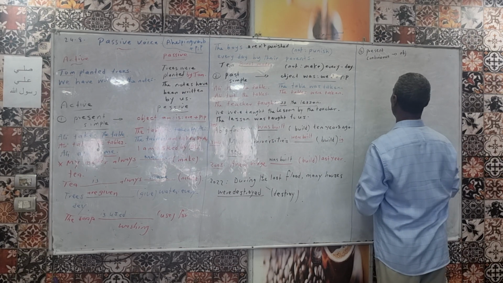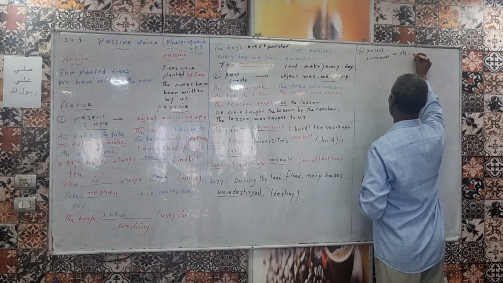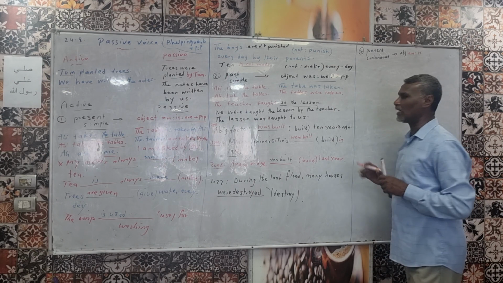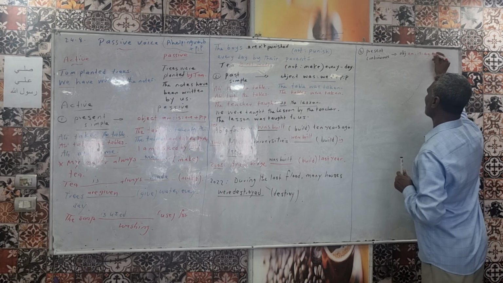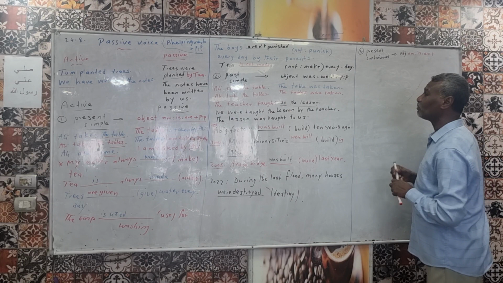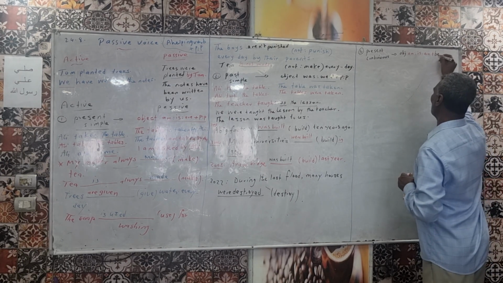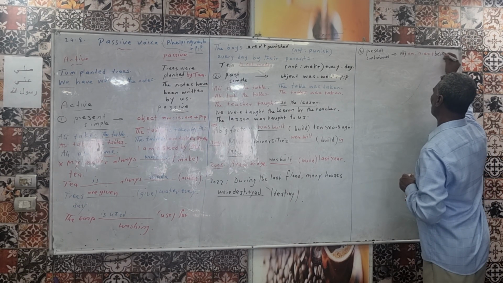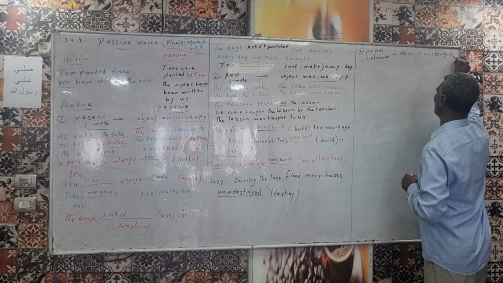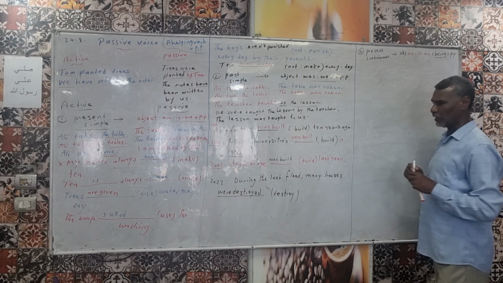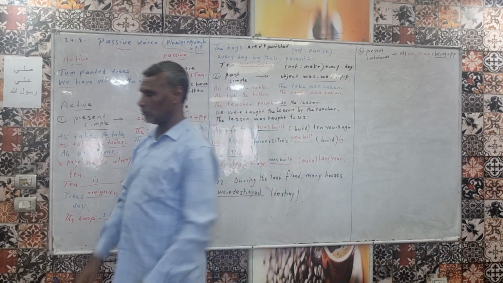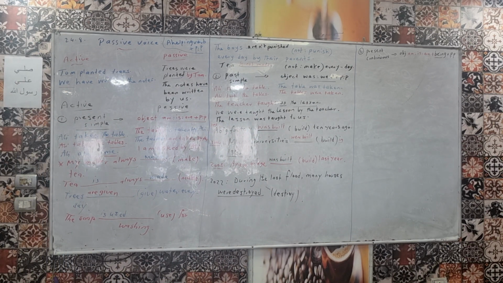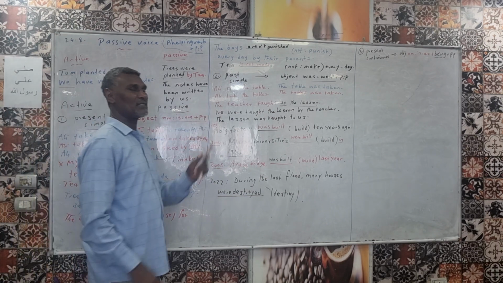We add the auxiliaries: is or are plus being plus the past participle. We must add the word being to indicate the continuity, to distinguish between the rule of the present simple and the rule of the present continuous.